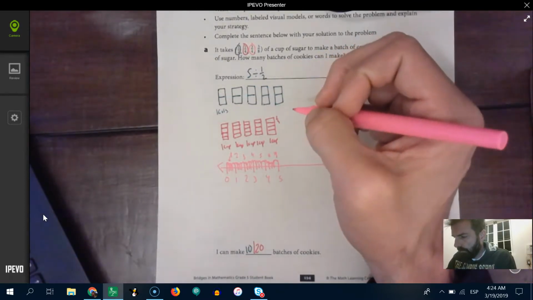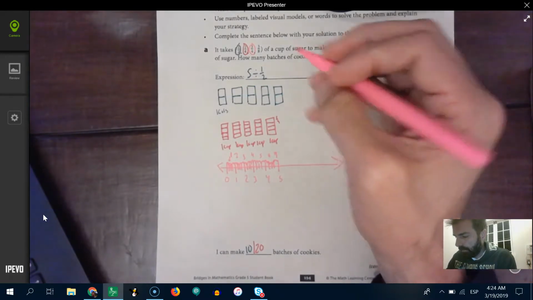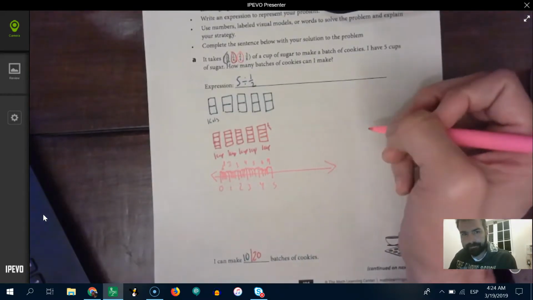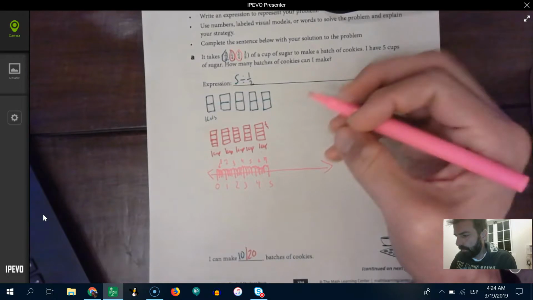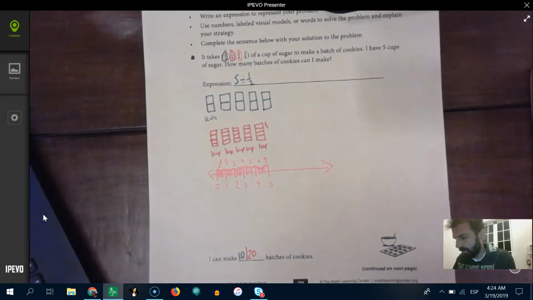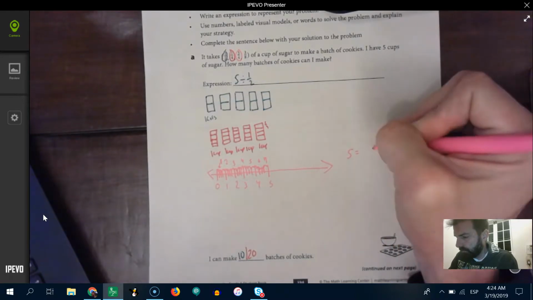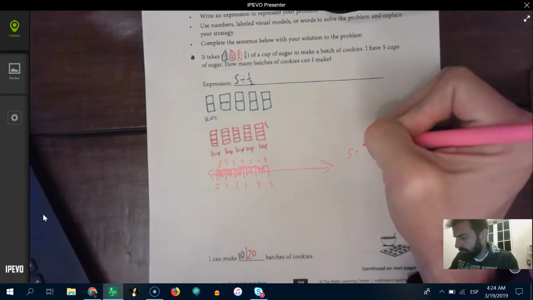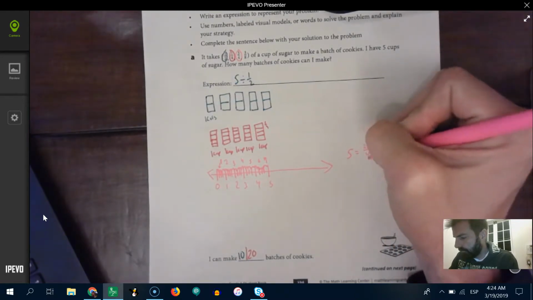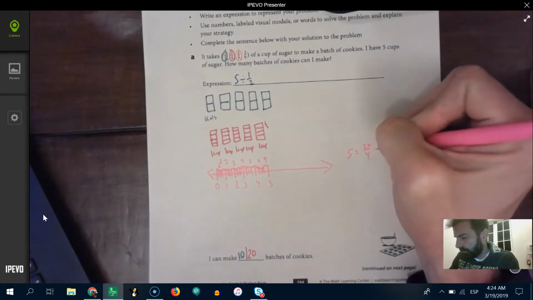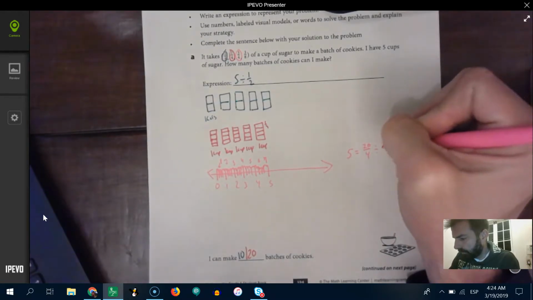Let me think about this. Is there another way to think about this? Well, I can think about how many fourths are in 5. So 5 equals 20 fourths. So I can rewrite it as 20 fourths divided by 3/4.